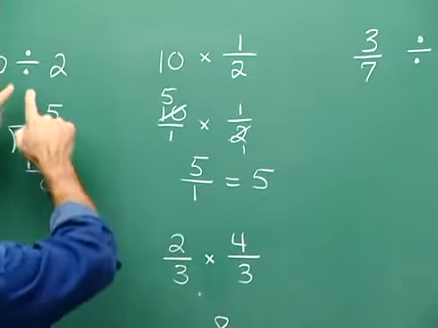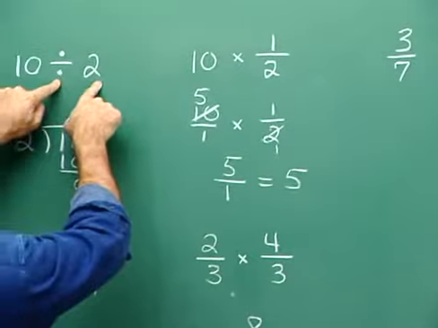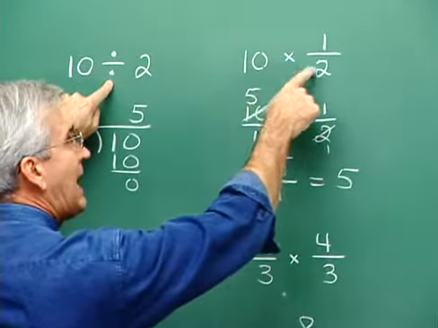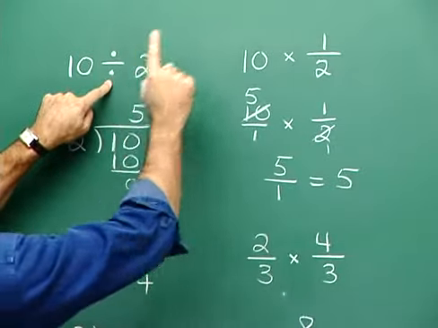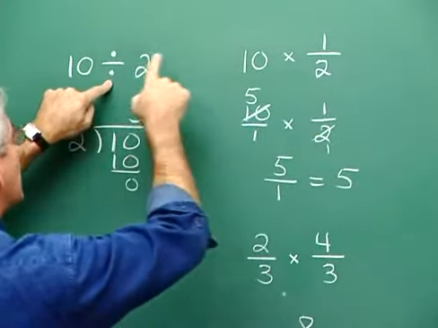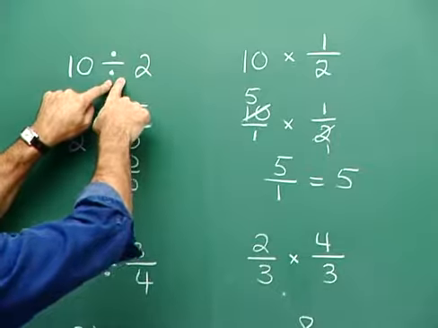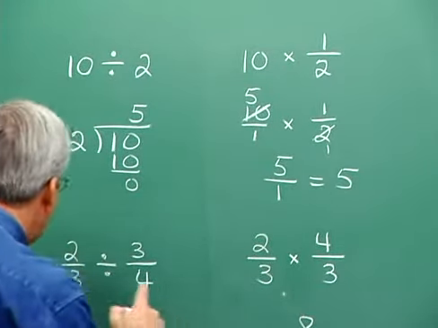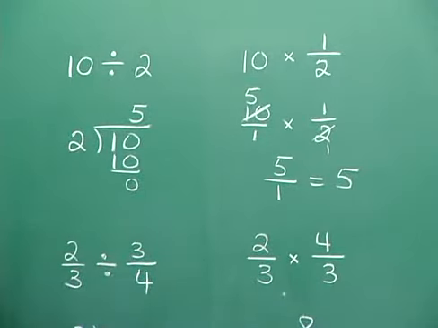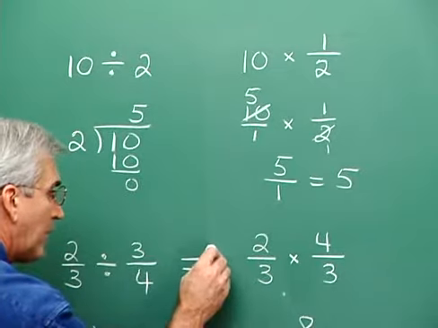It turns out that dividing by a number and multiplying by its reciprocal, you see 1/2 is the reciprocal of 2. Multiplication by the reciprocal is the same as dividing. And that's the idea that we use with fractions. So when we face a problem like 2/3 divided by 3/4, we change it into a problem like this.